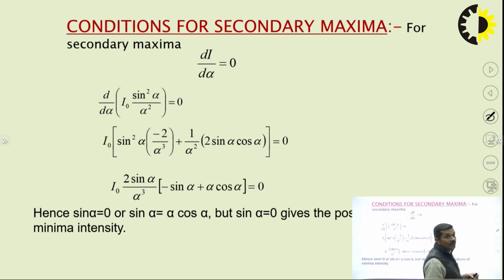Now between two minima there must be maximum intensity, and those points on the screen are known as secondary maxima.